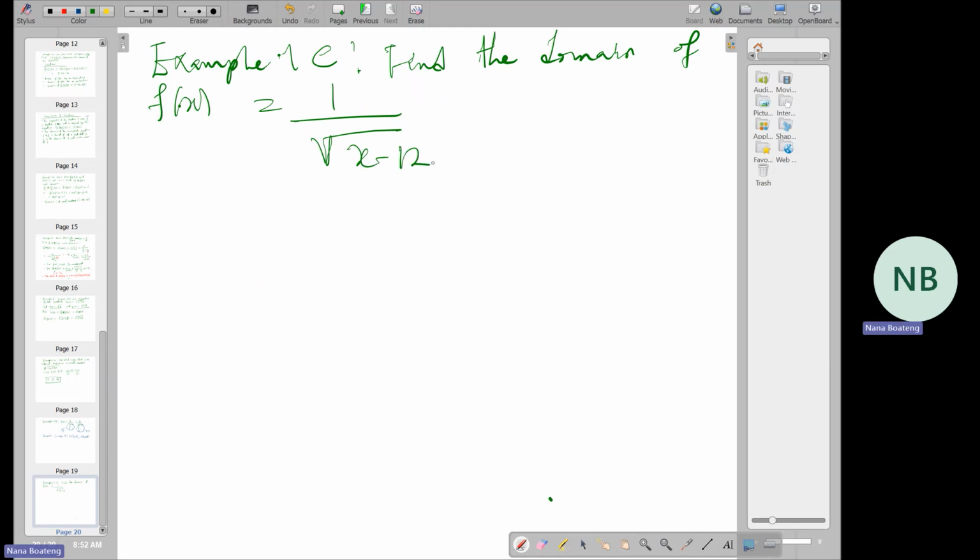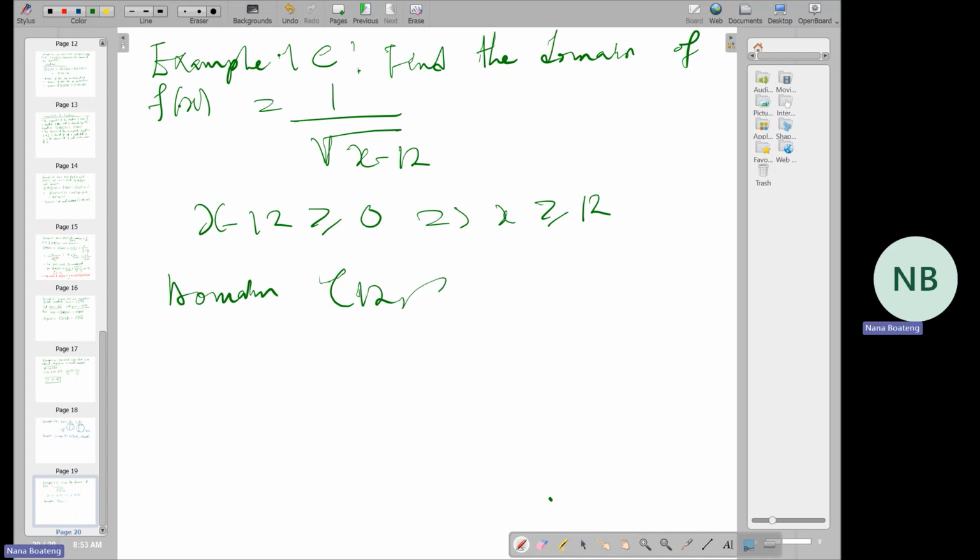So the domain cannot include values of x that make the expression under the root to be less than 0. So to find the domain, x minus 12 should be greater than or equal to 0, which means x should be greater than or equal to 12. So the domain will be 12 to infinity. These should be the values that make the expression either 0 or greater.